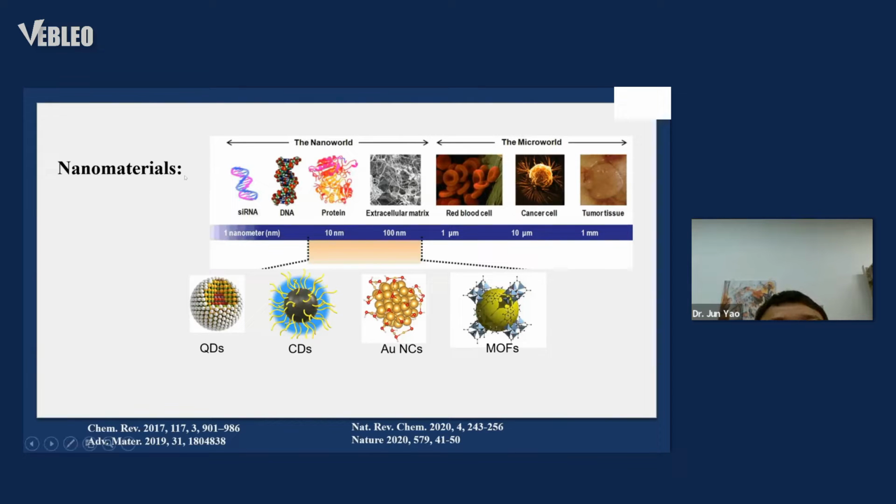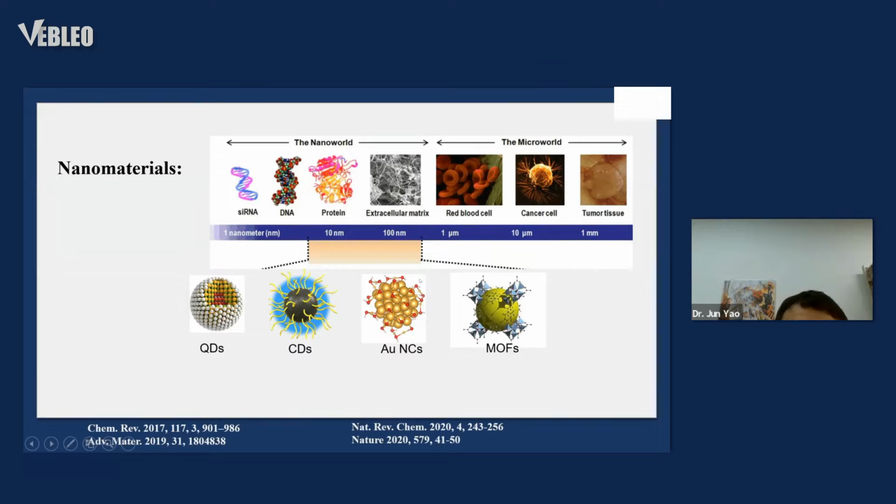Combination of FR and nanotechnology greatly expanded their range of application. In my team, we studied various nanomaterials, including quantum dots, carbon quantum dots, gold nanoclusters, MOFs.